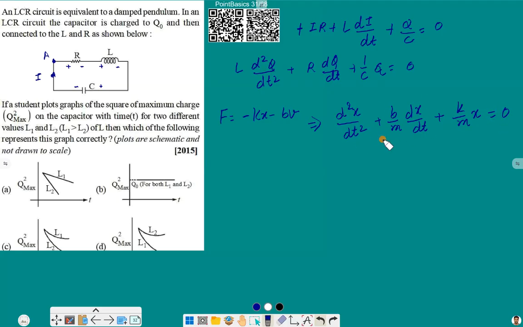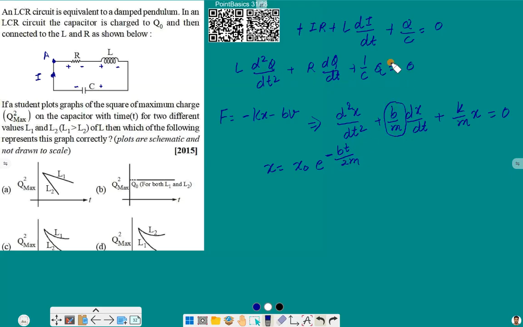The solution for this type of equation is x equal to the amplitude times e raised to power minus bt by 2m. So we take this coefficient and put it in the exponential.